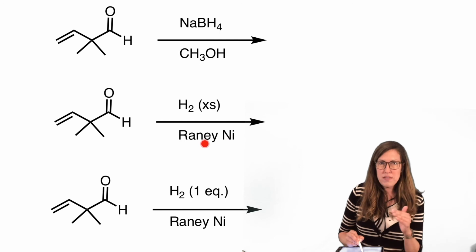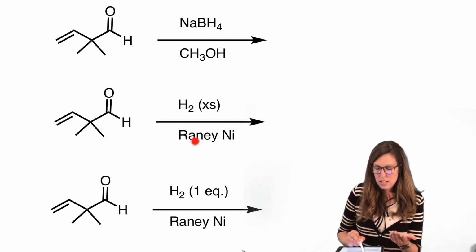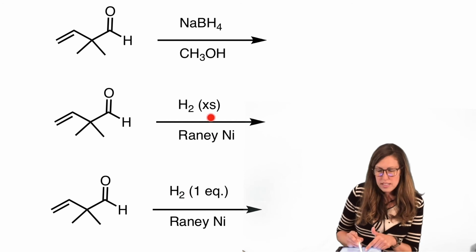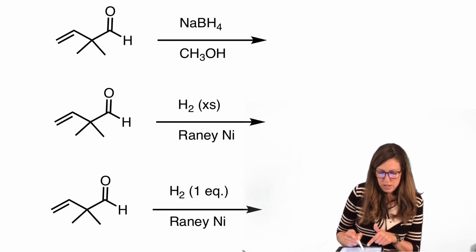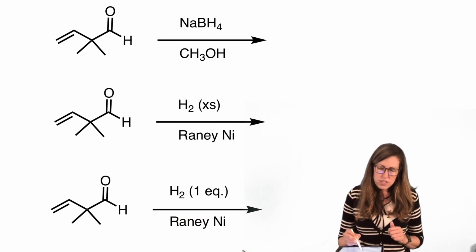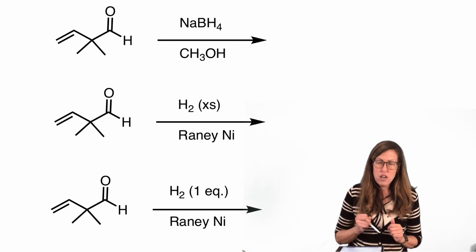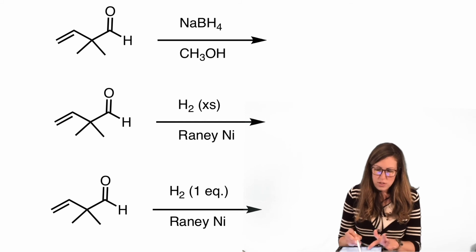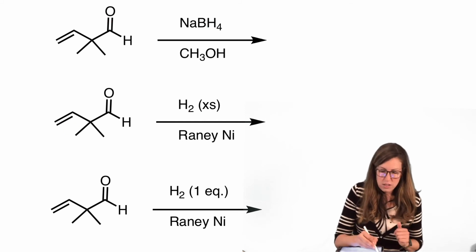It's a specific way of preparing the catalyst that allows it to undergo the desired result here. And then it's this excess of hydrogen versus one equivalent of hydrogen with Raney nickel. So let's see how the different outcomes are affected, because we know hydrogen will touch that. We know sodium borohydride will touch that. But if we have an excess, will both go? In other words, that's the question.